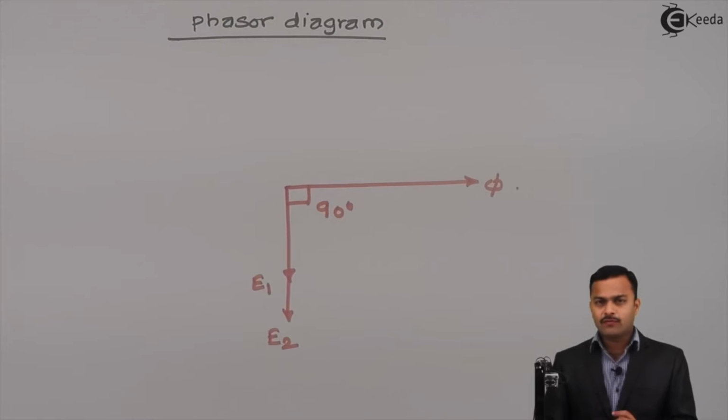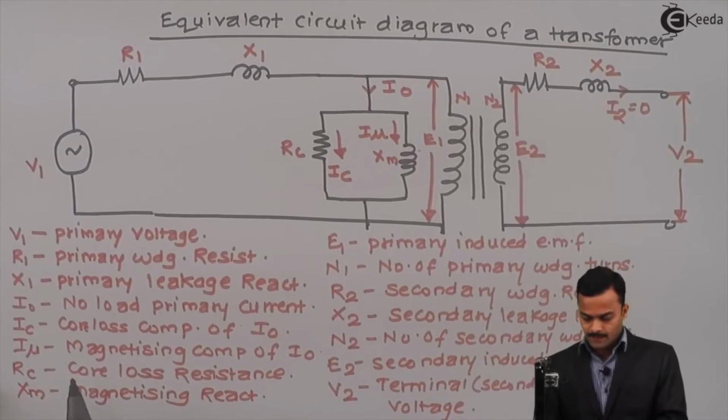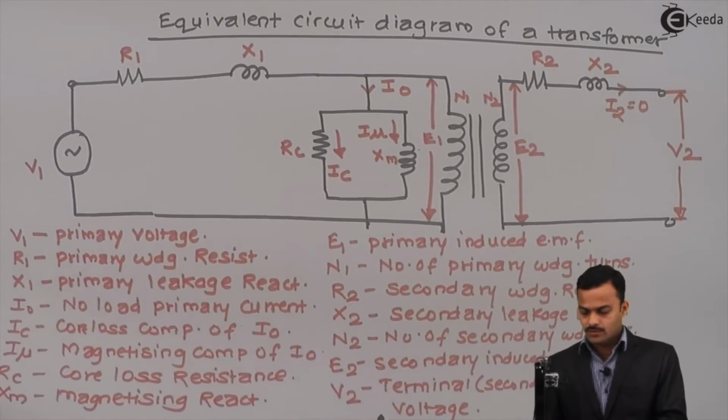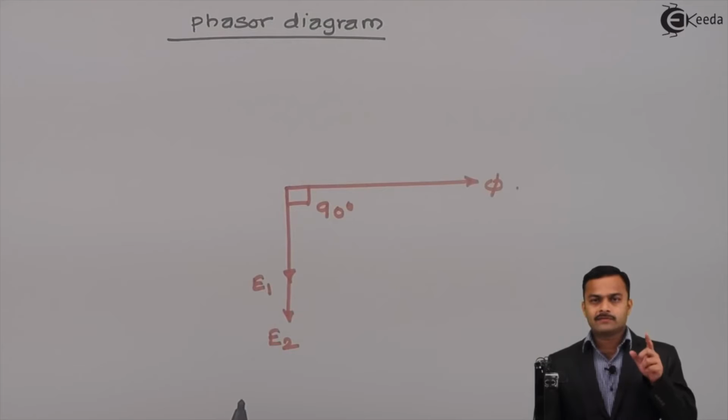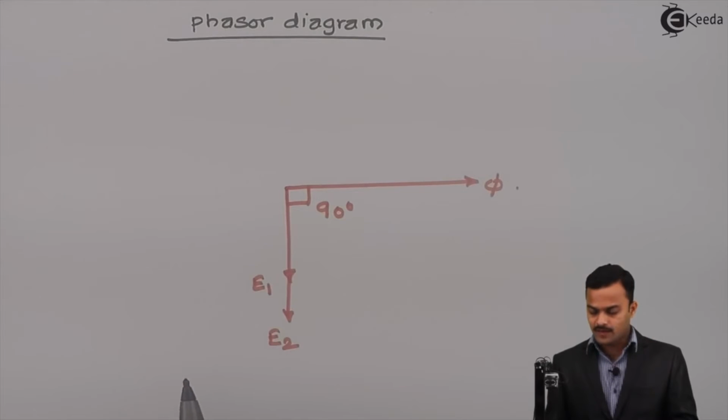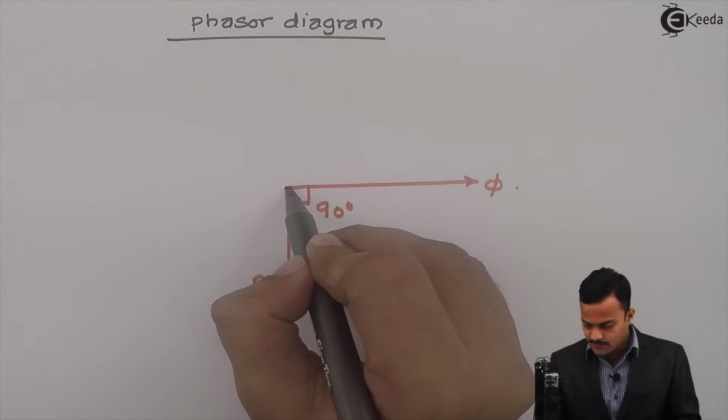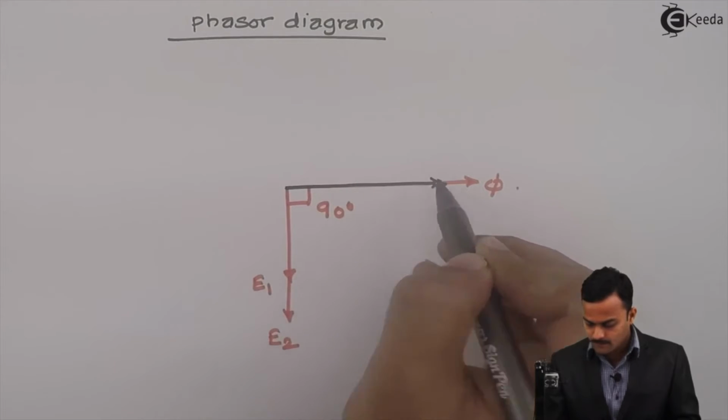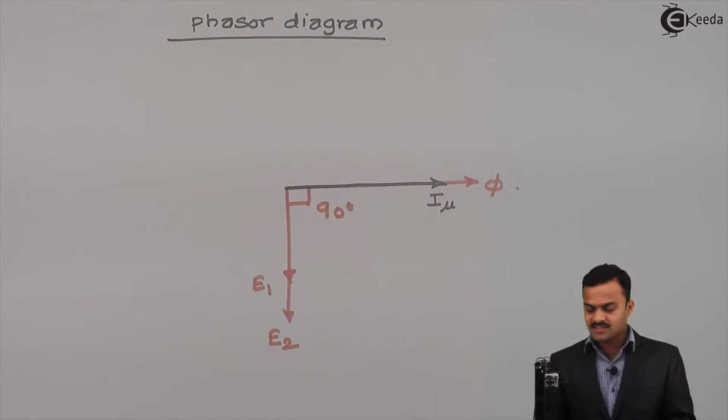Now this flux phi is produced because of I mu. So I mu is nothing but magnetizing component of I0. So the current which is responsible for production of flux phi will come in phase with flux phi. So this is I mu.